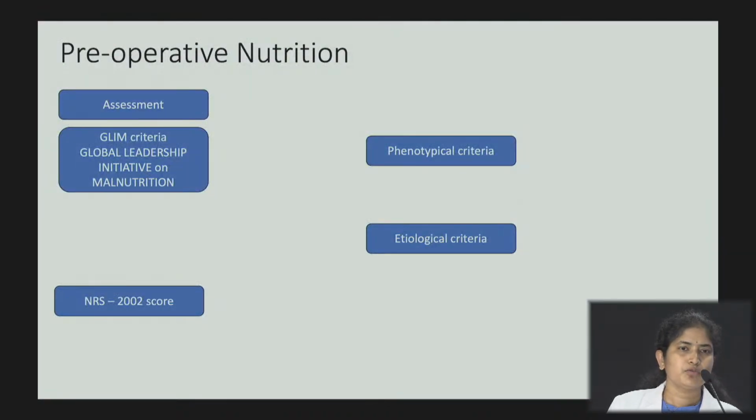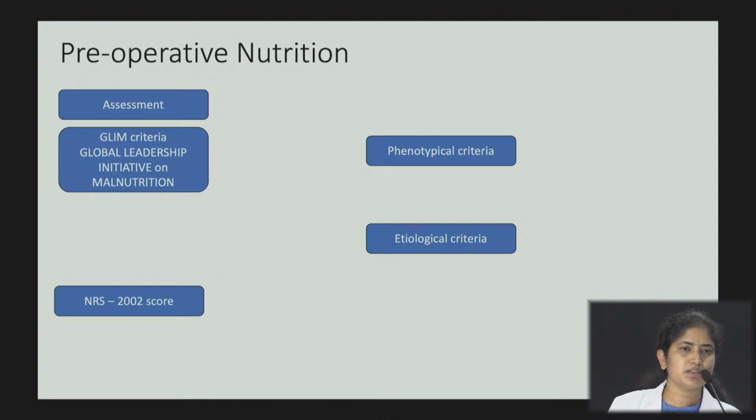So perioperative care encompasses the pre-op, intra-op, and post-op. The preoperative nutrition status management and optimization starts right from the PAC clinic. It includes assessment and intervention.